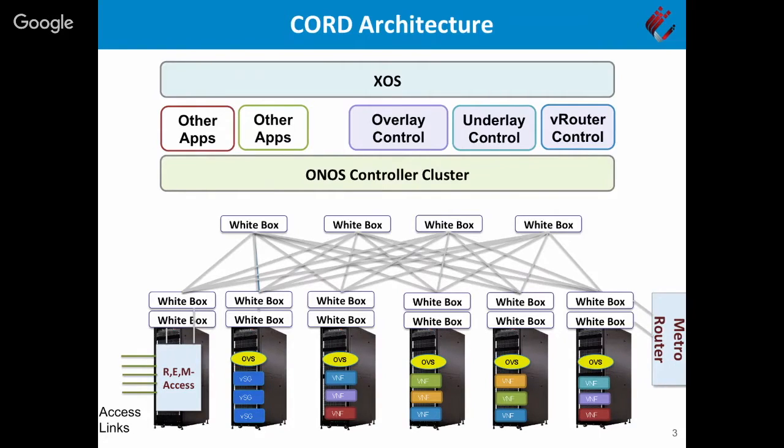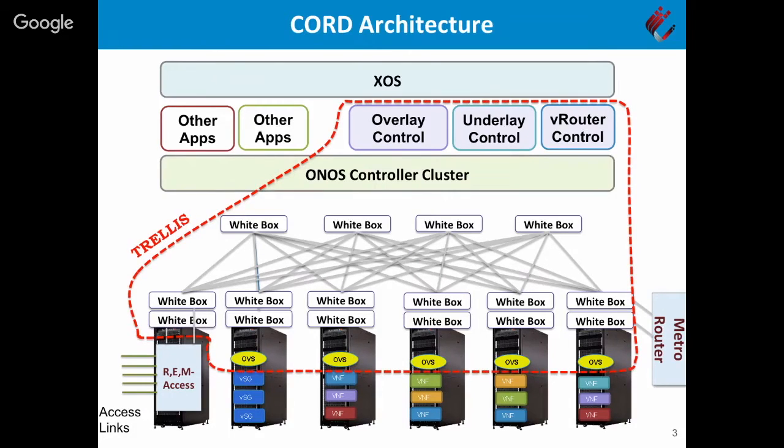In between, it's servers and switches, on white box hardware, bare metal hardware, with OVS inside each server. It is controlled with a cluster of ONOS, with apps running inside, and then orchestrated using XOS.